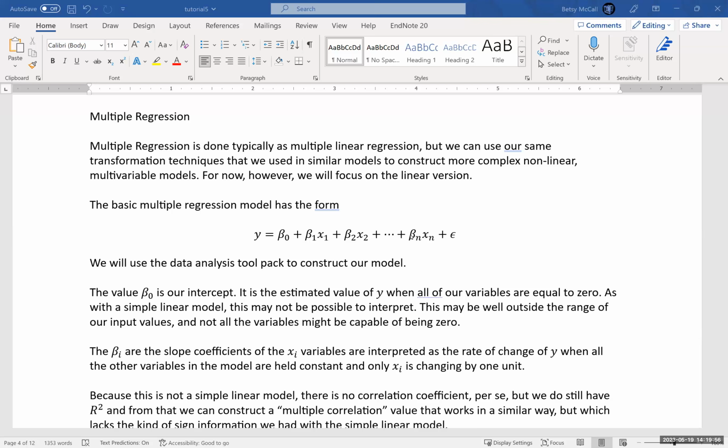Okay, so in this video, we're going to look at multiple regression in general, and then performing multiple regression in Excel using the data analysis toolpack. Now, in general, multiple regression is typically done as multiple linear regression, but the transformations that we discussed in the intrinsically linear video earlier, we can also use those same kinds of transformations to make non-linear multiple variable models.